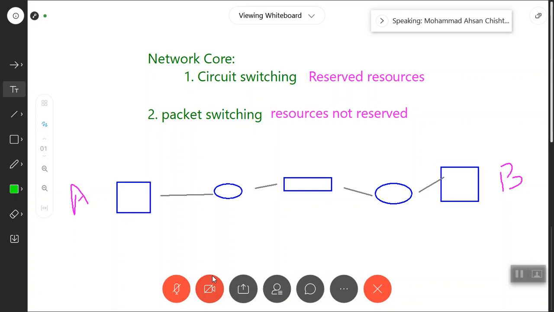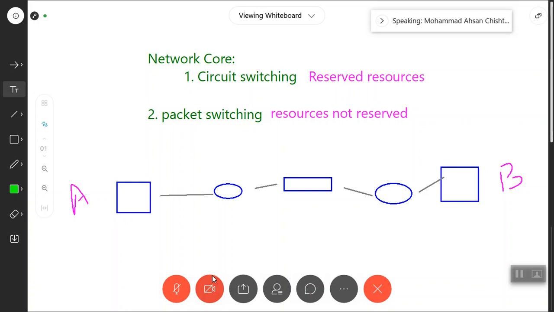And in the second case, wherein you did not have a reservation, you made demands for each resource. That's resources on demand. You can get the resources from A to B, or you might have to wait for some time. That is, queue for access to the link. This is a simple analogy of the restaurant.